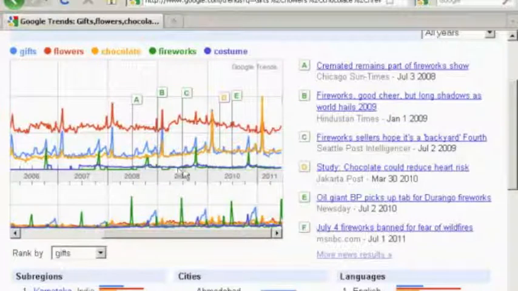But also you notice here that fireworks tends to peak around the end of the year, when people buy fireworks for Diwali, as do chocolate. That's the beginning of the year as well, and so on. So you can use this data to tailor product launches or to tailor campaigns aimed at specific markets at specific times of the year.